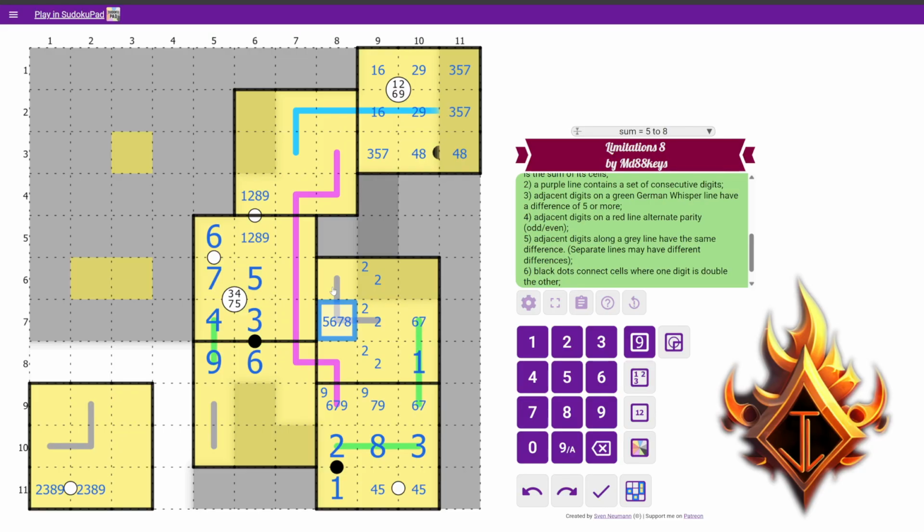And it would end up being the same number as the other one on the tip. So, and then the only way it could be an 8 is if 9 was on the gray line. By way of 9, 8, 7 only. Pretty much.